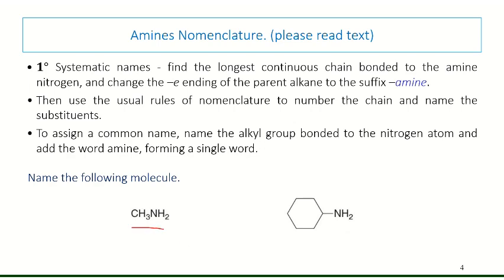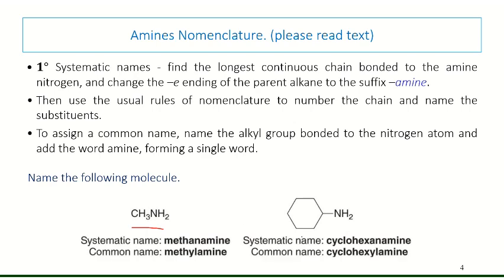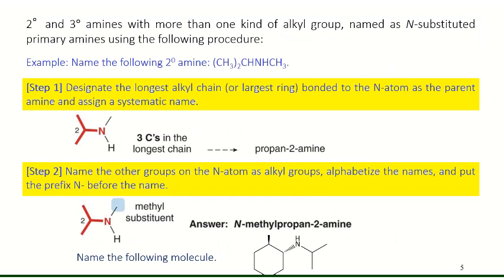Now, nomenclature. Something like this you can either just call methylamine or cyclohexylamine, or you can give it a more interesting name. But in this case, you can see we have a typical organic compound, where we talk about the longest chain. So here we have this propane unit, and on carbon 2 we have the nitrogen, and so that's a 2-propanamine or a propan-2-amine.